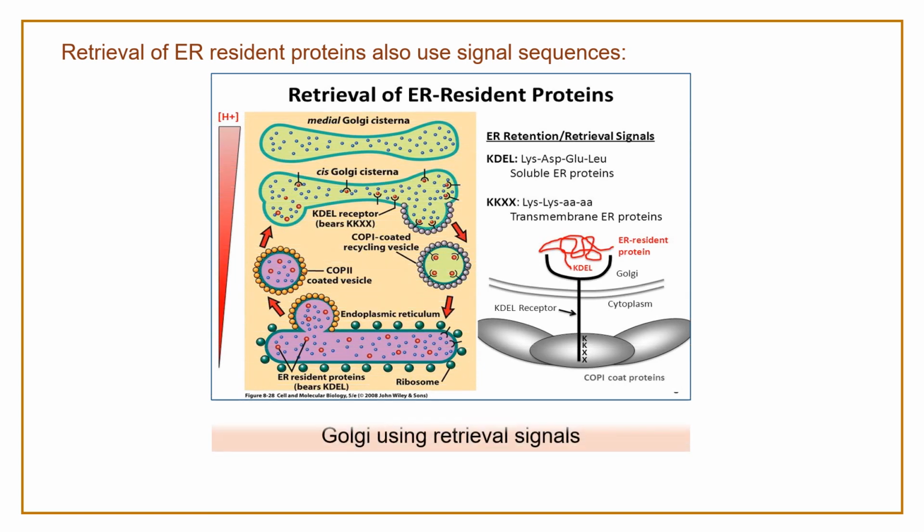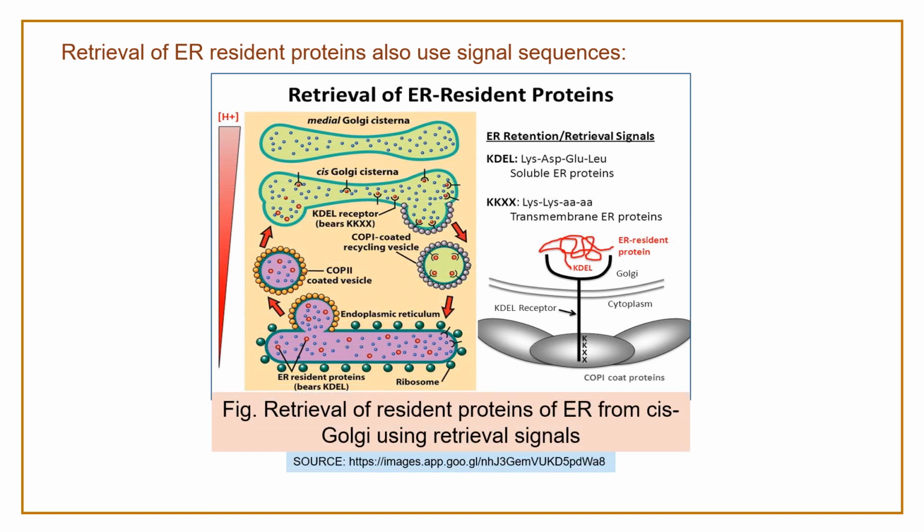If certain proteins that were supposed to remain in the ER somehow get translocated to the cis Golgi, they can be retrieved back to the ER. This is because these ER resident proteins contain retrieval signals. The vesicles transporting them as well as the cis Golgi network have receptors specific for these retrieval signals that help in the retrieval of ER resident protein.